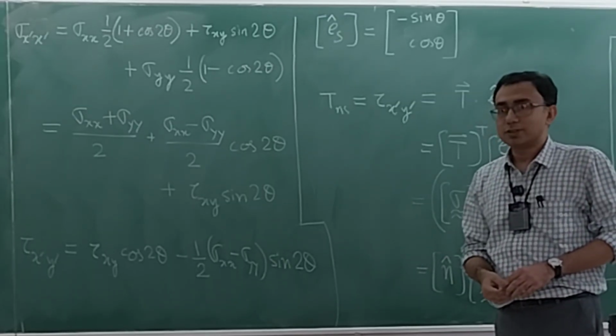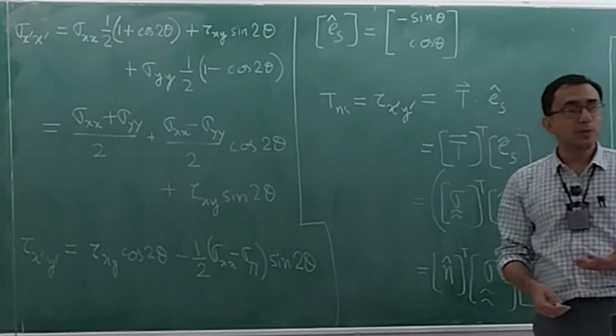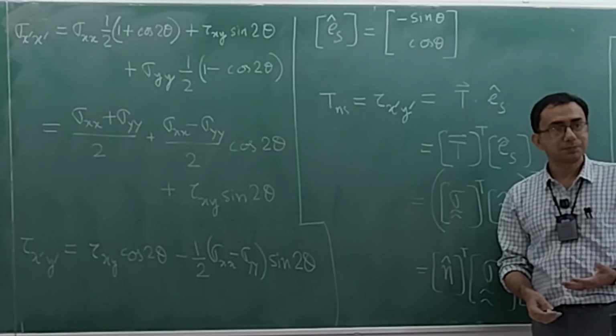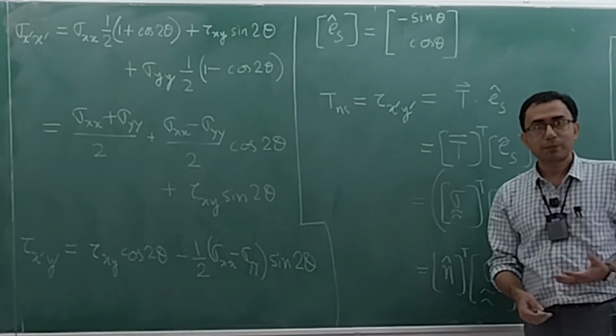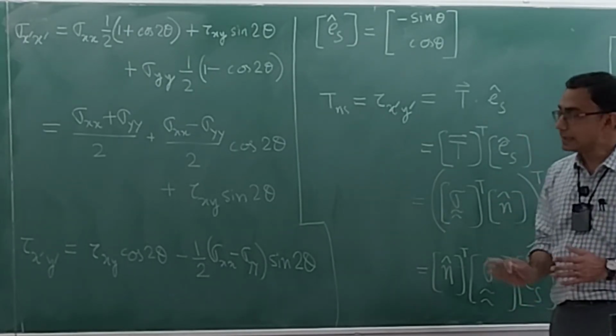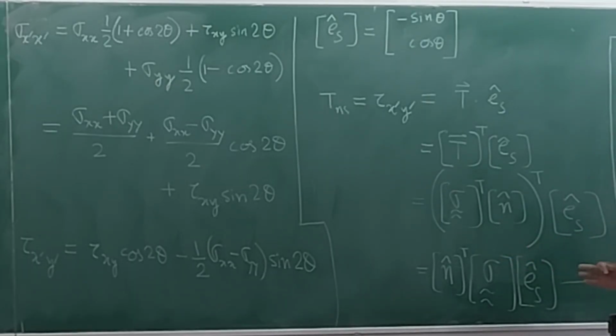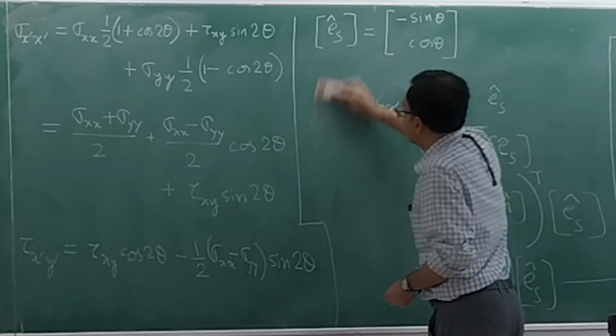So try to connect the trigonometry with the coordinate geometry. If I write it in a slightly different form, you will start to see something beautiful happening, and that is exactly what we are going to do now.